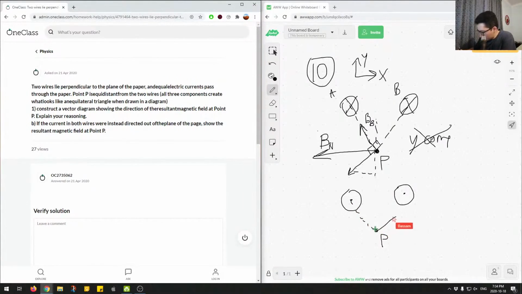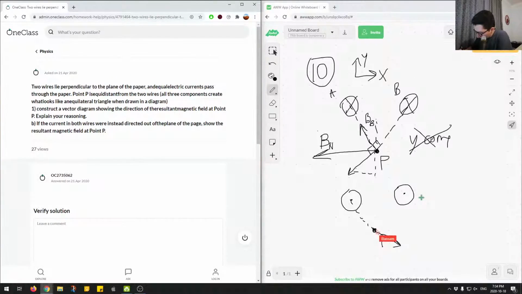So this is the direction of the magnetic field for the first wire, and similarly for this wire, use the right hand rule, and you end up with it in this direction. These are at a right angle. I didn't draw that very nicely, so let me draw that a little better.